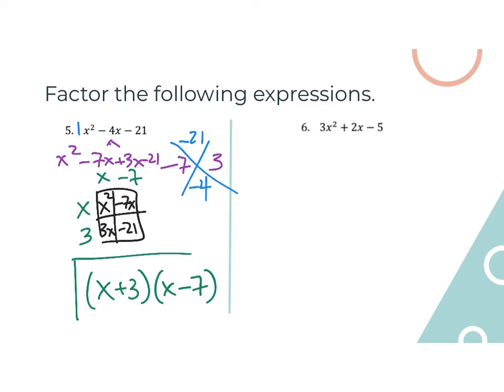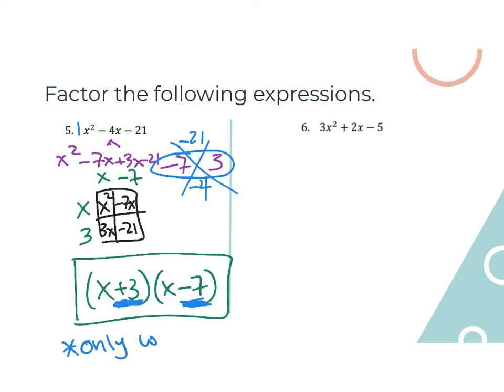Some of you may have also noticed that these things right here are the same thing as these things right here. That's another little trick that you can learn about factoring. However, this is a trick that only works when a is equal to 1.